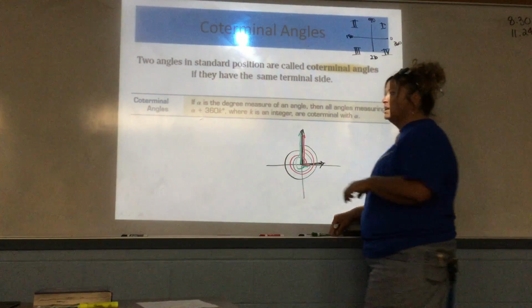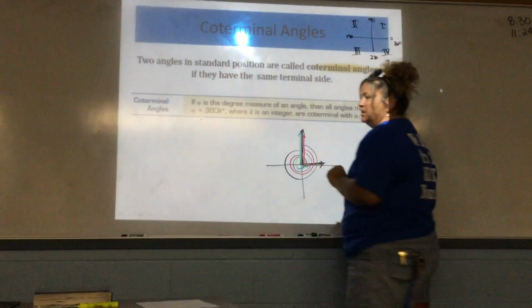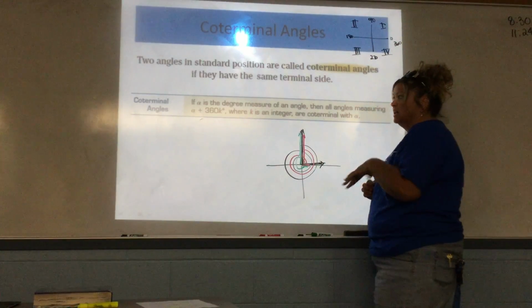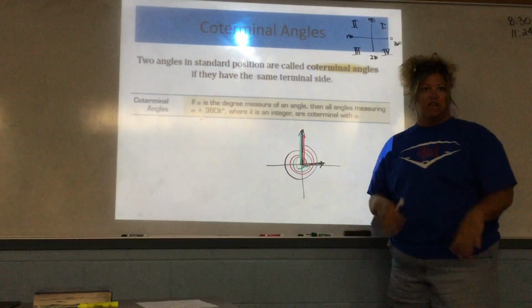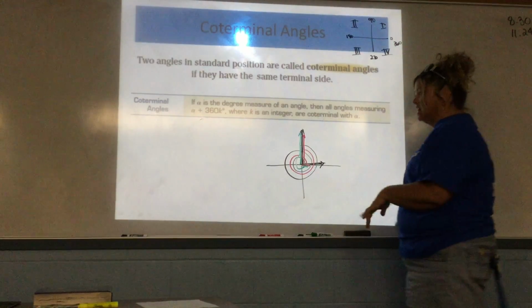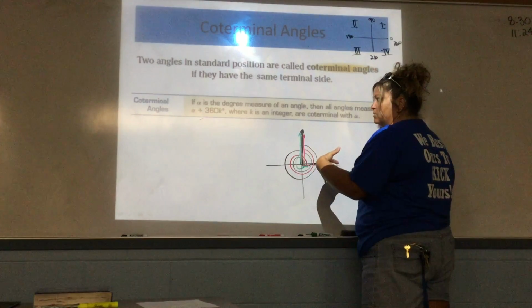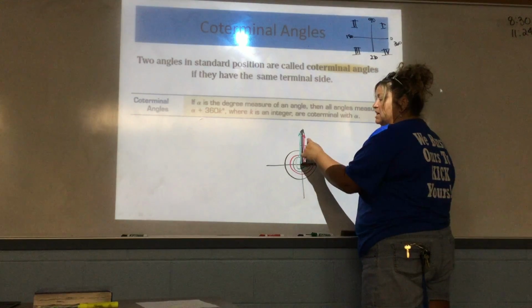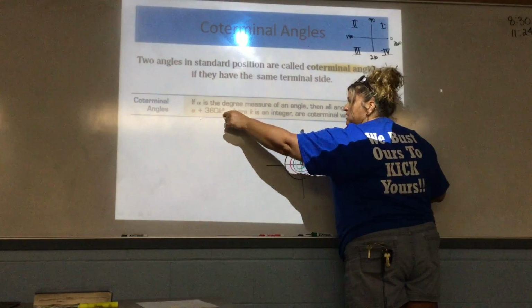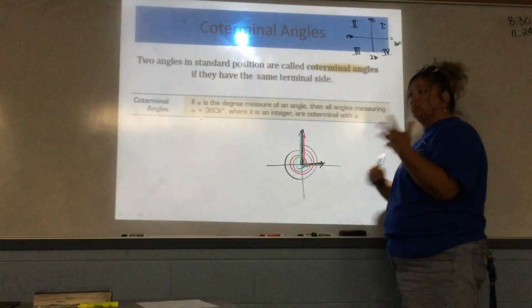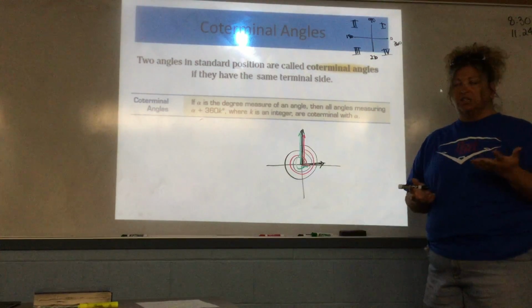Okay? So in this case, alpha, that's what we said, it's kind of like any angle. They can give me any angle. And it doesn't matter which direction, it doesn't matter how many rotations, it just matters that it ends in the same spot. So 360K, where K is just we pick how many rotations this thing is gonna make.